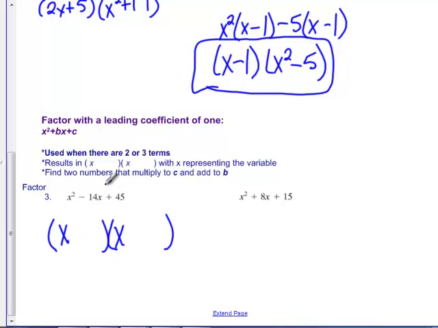But the old school way without the mode 5-3 is to find two numbers that multiply to a positive 45, which means the same signs, and add to a negative 14, which means they're both negative. And then 9 and 5 will work. Same idea for the second one, but again, we're going to skip it.